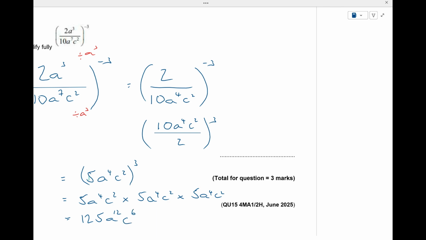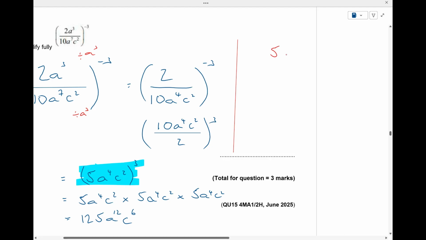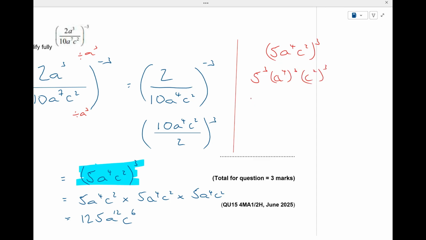Now the other way to think about this, which I like, is this. Let me show you. I would say that that is 5 a to the 4 c squared cubed, so you can treat that as 5 cubed, a to the 4 cubed, c squared cubed. 5 cubed is 125.